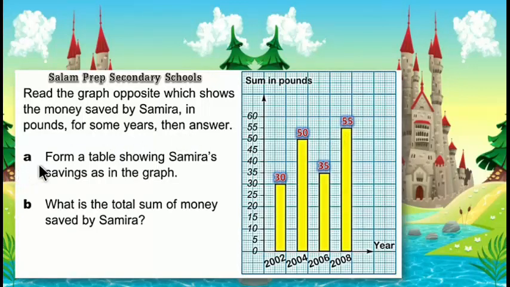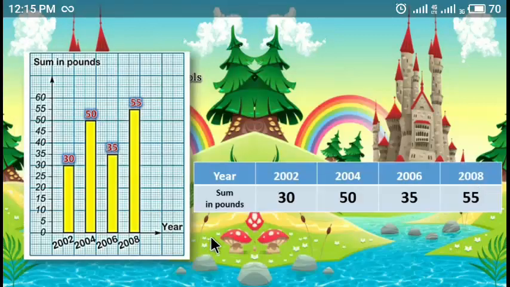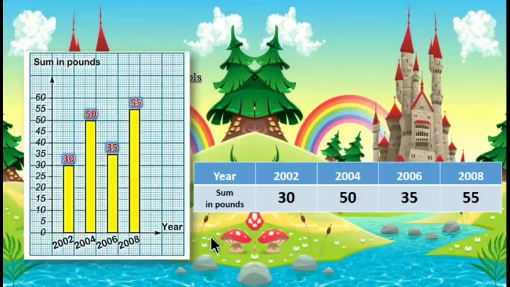The first one. Form a table showing Samira's savings as in the graph. You can form the table as follows. The first row, the head is year: 2002, 2004, 2006, 2008. The second row, its head sum in pounds.